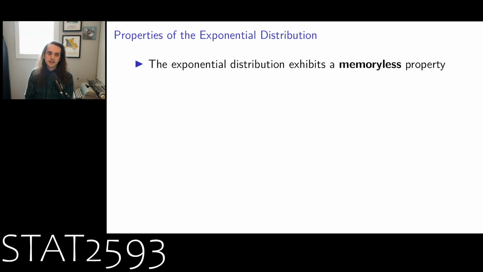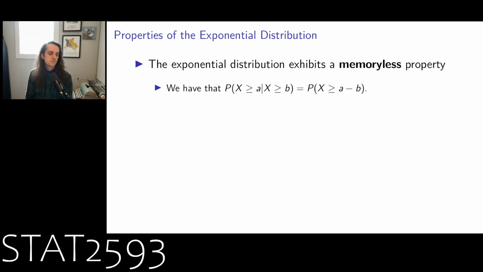The property is known as the memoryless property, or the memorylessness. So if we were to consider the probability that the exponential random variable lasts beyond some point A, given that we already know that it's lasted beyond the point B, this is going to be the same as the probability that this random variable lasts for more than the difference.